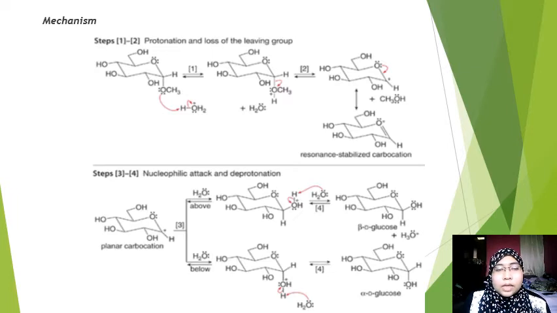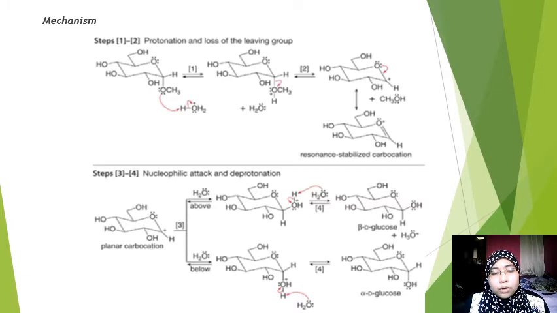This is the mechanism for glycoside hydrolysis. First, OCH3 attacks the hydrogen from the H3O+ to form CH3OH. After that, CH3OH leaves as a leaving group to form the resonance stabilized carbocation.